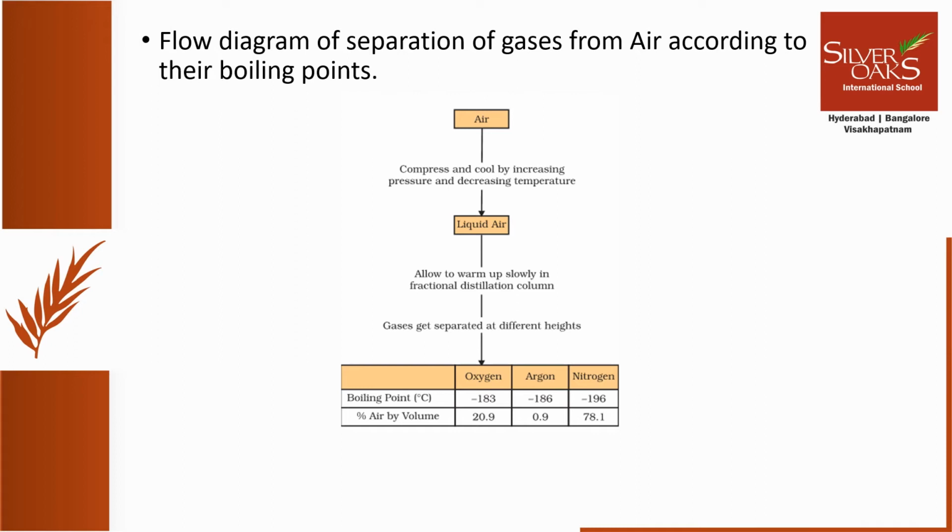Gases get separated at different heights. If you observe, nitrogen has the lowest boiling temperature, minus 196 degrees centigrade, then argon, minus 186 degrees centigrade, then oxygen, minus 183 degrees centigrade.